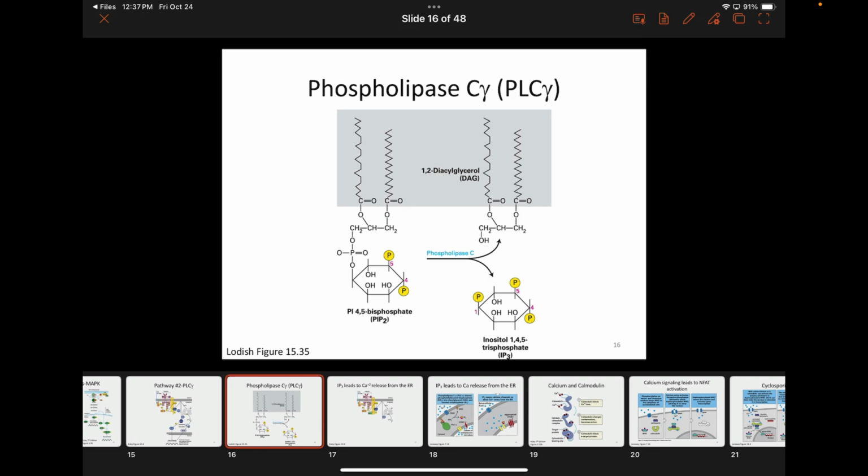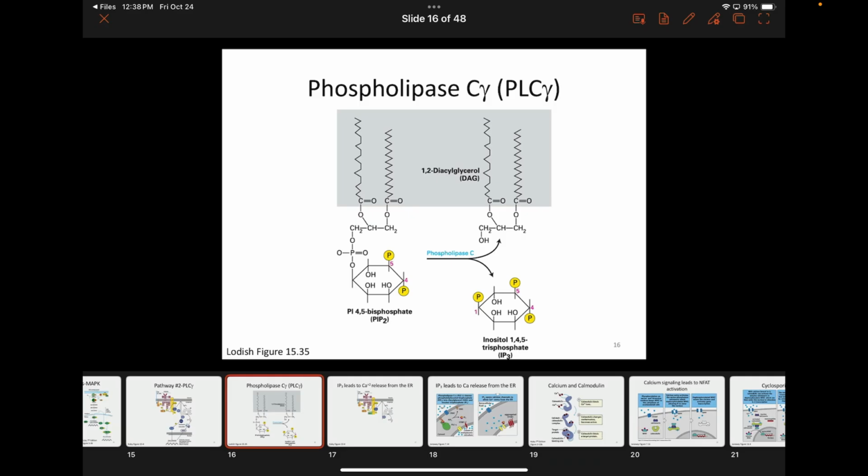It's listed as 1,2-diacylglycerol. Again, whenever anybody talks about signaling, I can't remember the last time I said the word 1,2-diacylglycerol. That's DAG. I always call that DAG. And you can also see we sort of have this head group that is made, inositol 1,4,5 triphosphate. Again, what I always call it is IP3.